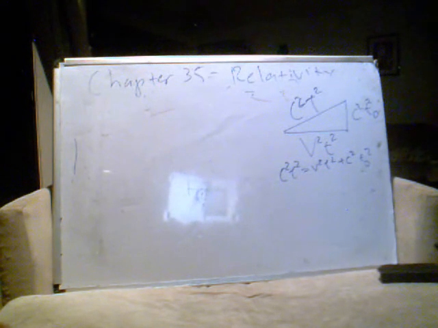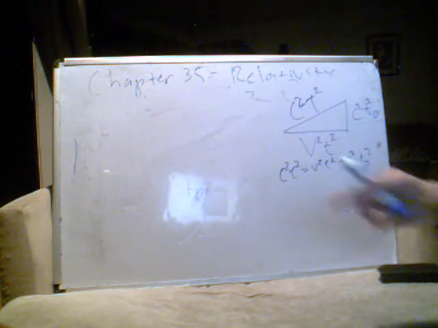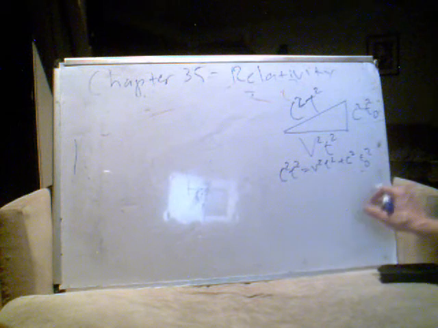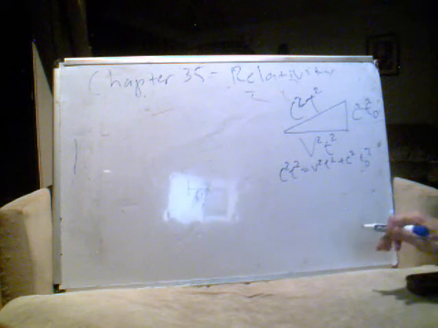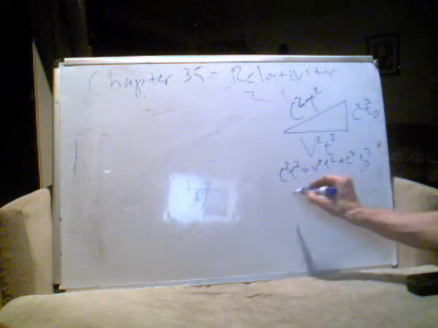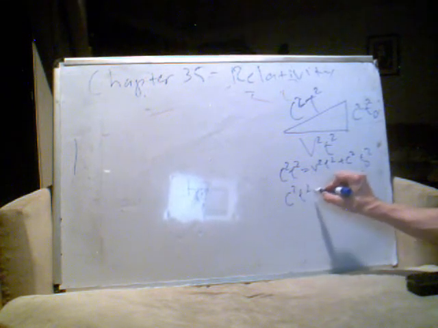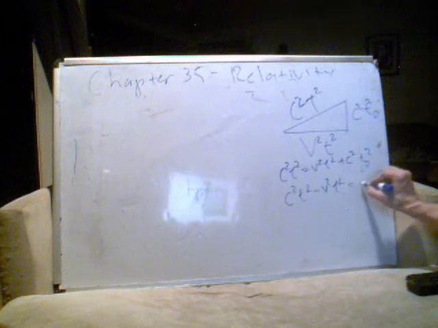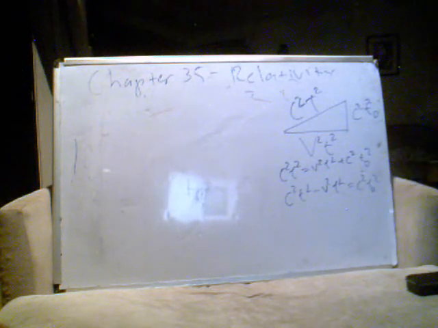Okay, what we're going to do now is we're going to multiply through by 1 over c squared, okay, this line. So we're going to multiply through by 1 over c squared, and actually, you know what? Let's subtract this to the other side first. c squared t squared minus v squared t squared is equal to c squared t naught squared.